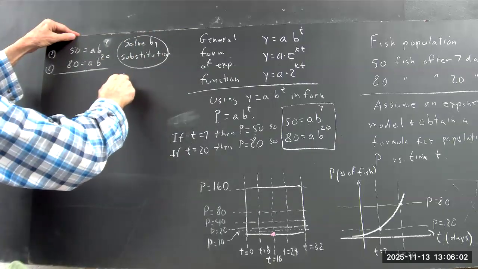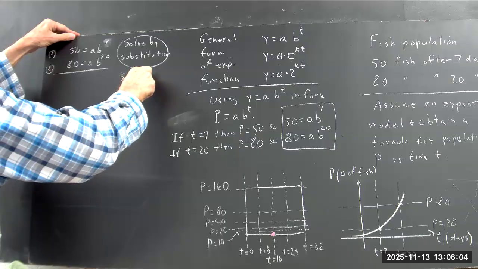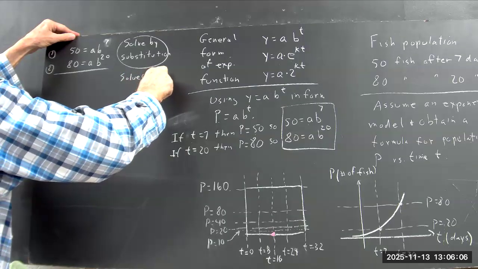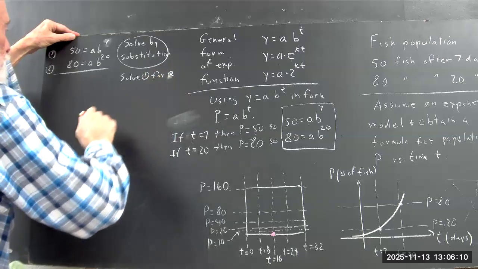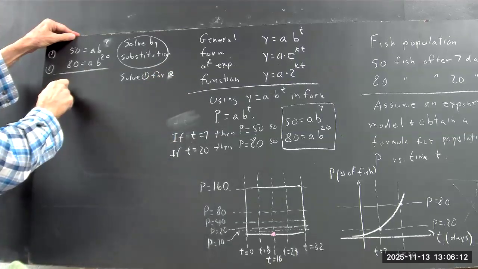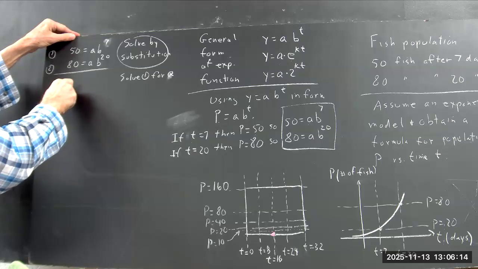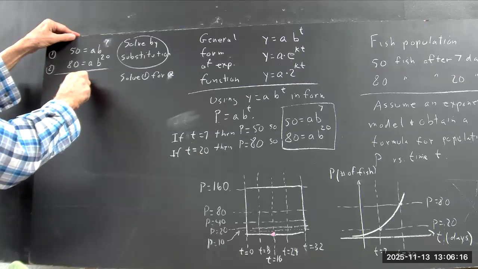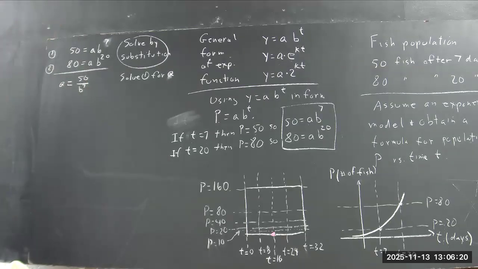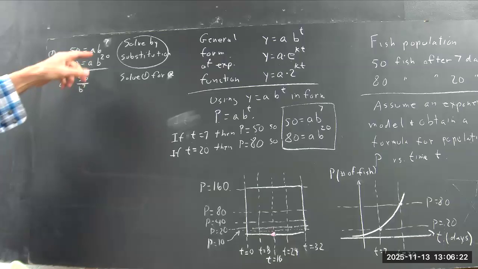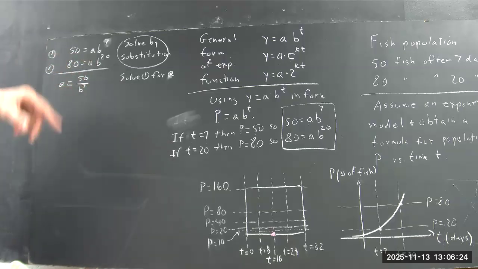First, solve the first equation for A. We get A equals 50 over B to the 7th. Just divide both sides by B to the 7th, and we've solved for A.